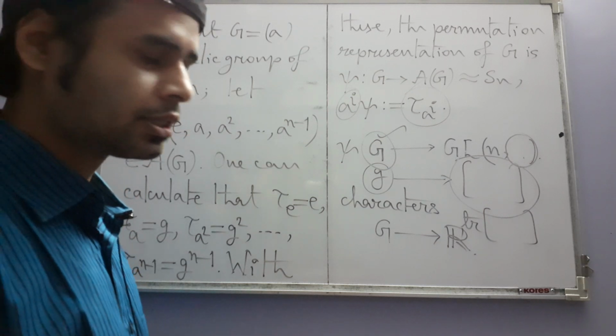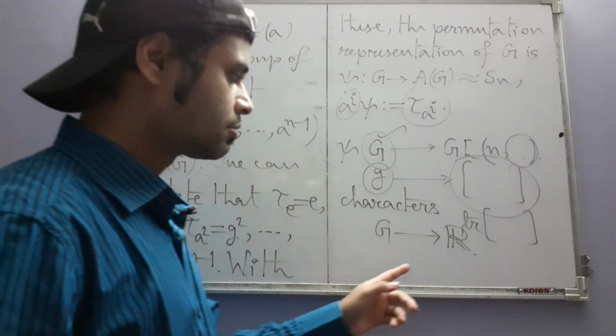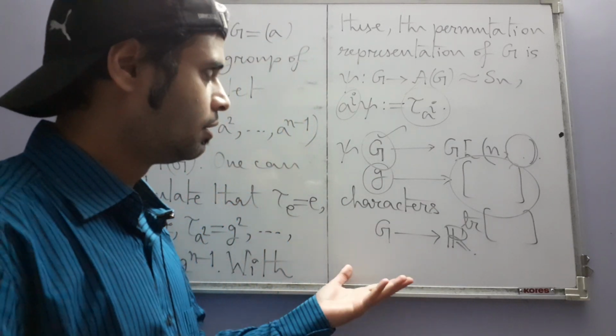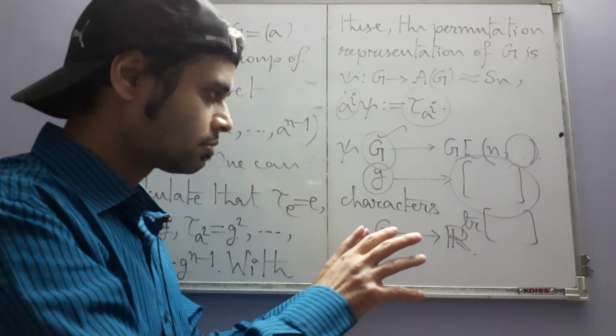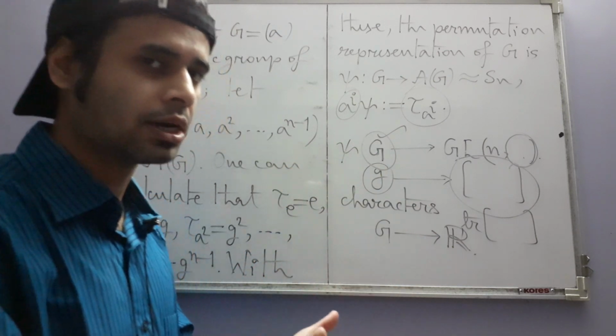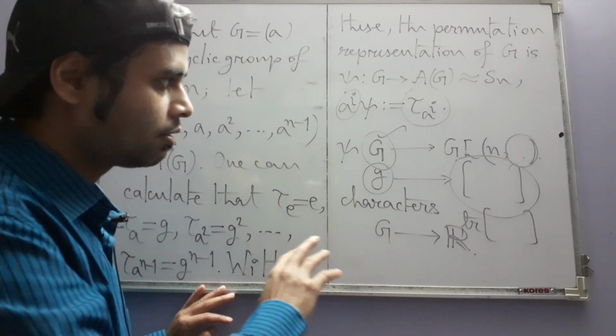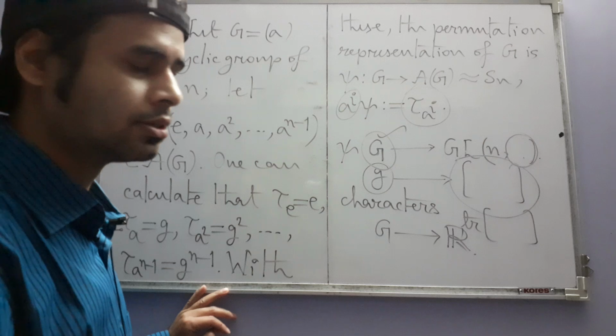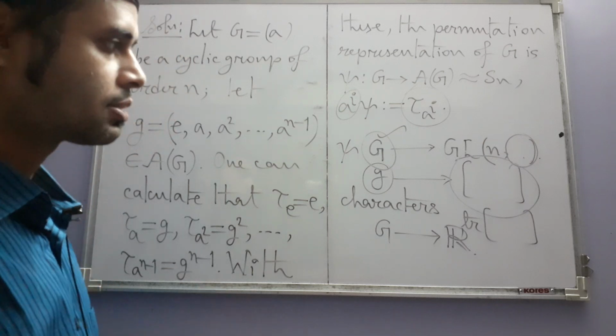So I just wanted to say these few extra things. In the next video we are going to solve the other problems, and all of them will ask us to find these permutation representations. So with that, I end the video.